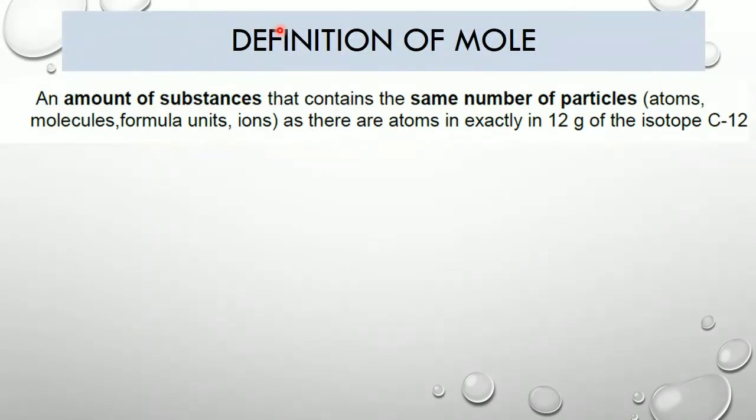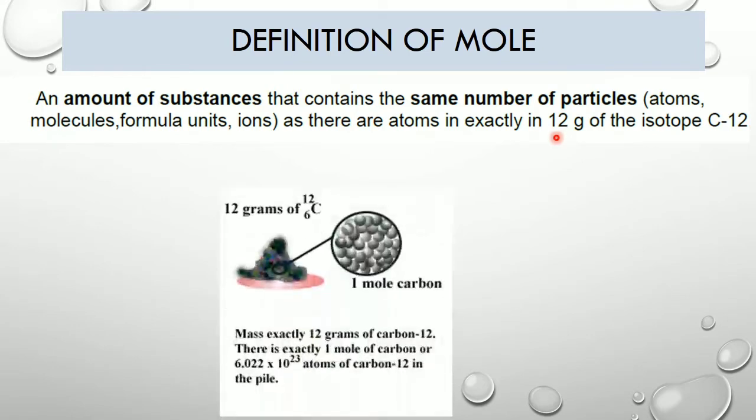The mole can be defined as the amount of any substance that contains the same number of particles as there are in exactly 12 grams of carbon-12. This means that 12 grams of carbon-12 is equal to 1 mole of carbon.